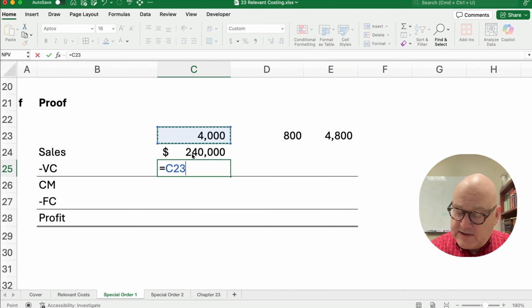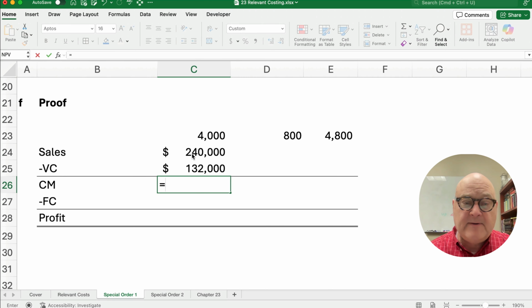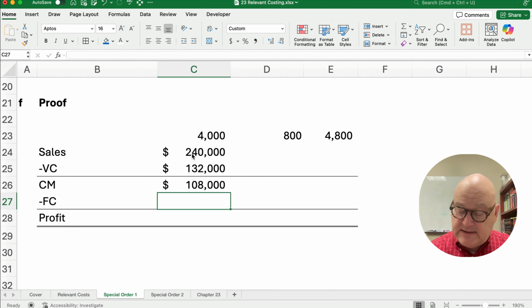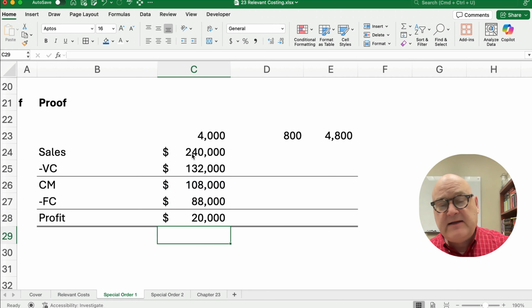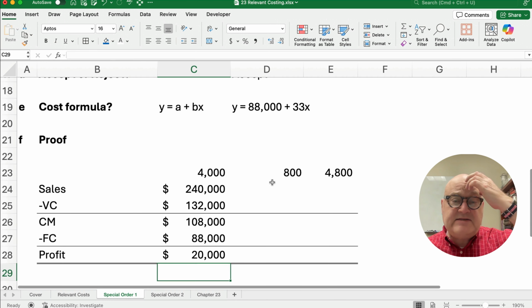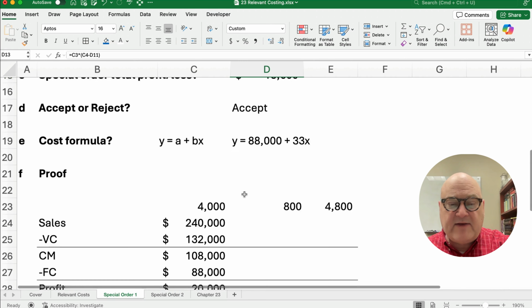If I took 4,000 times 33, my variable cost is 132. 240 minus the 132 is 108. Our fixed costs are 88,000, so therefore 108 minus 88 is 20,000. We had that earlier, our profit. We estimated our profit, went directly to it, and got the profit of 20,000.